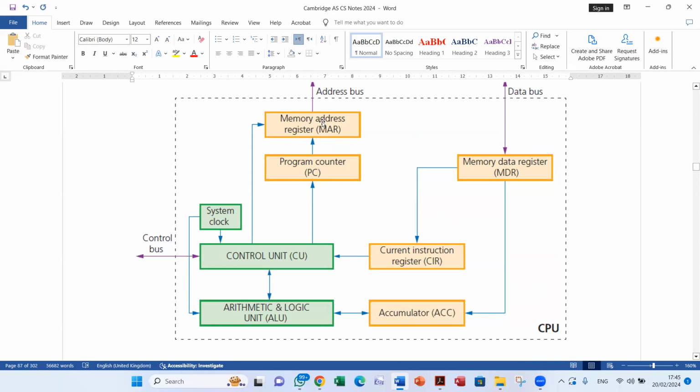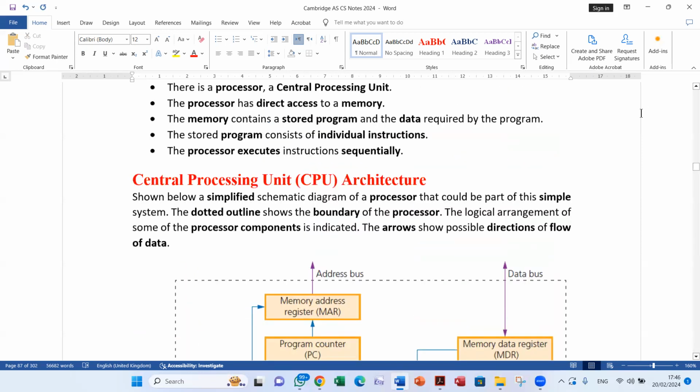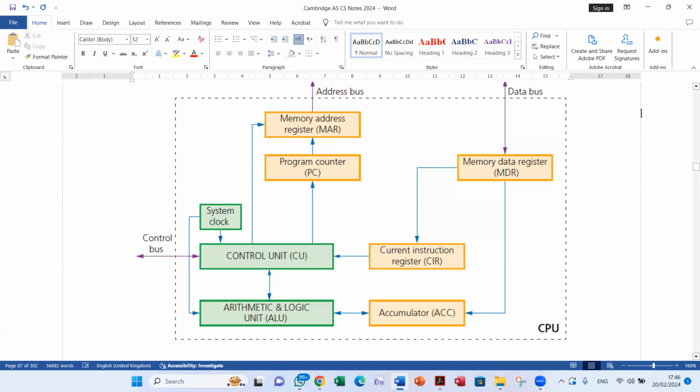The memory address register takes the address through the address bus. And then the corresponding data comes through the data bus. It stays for a moment in the memory data register and then may go to the current instruction register, CIR, if it is an instruction.